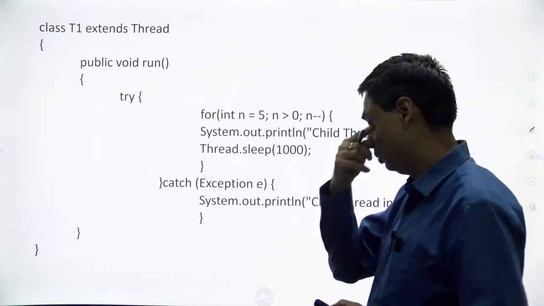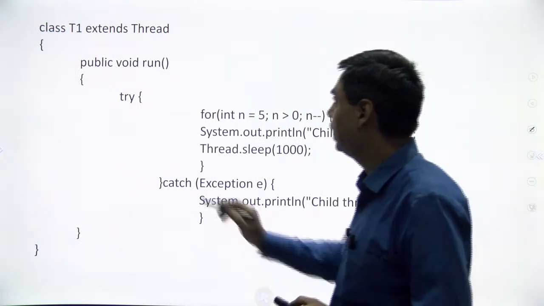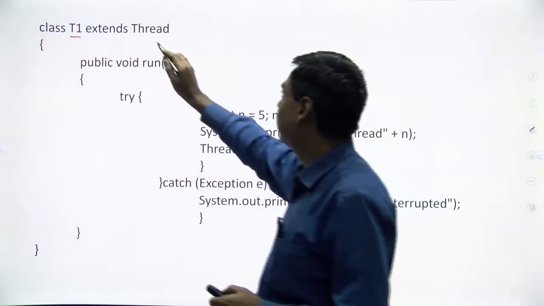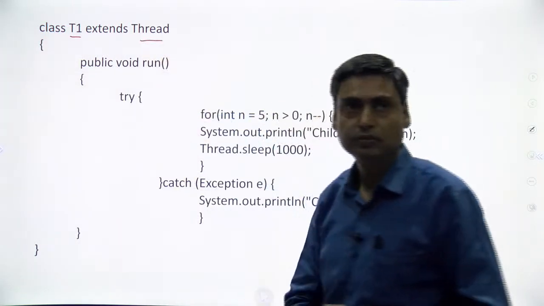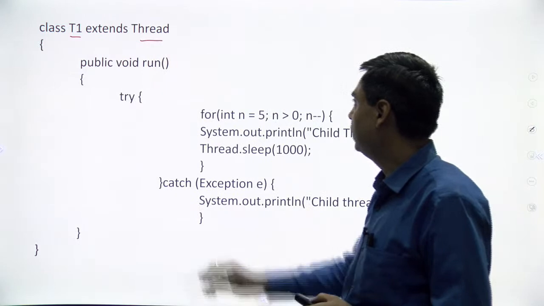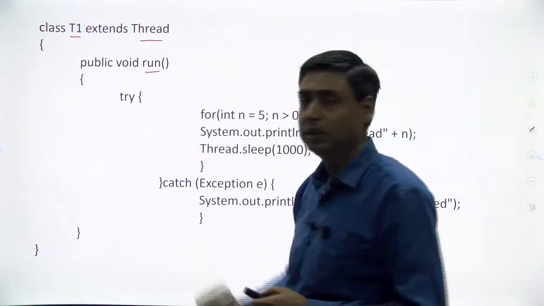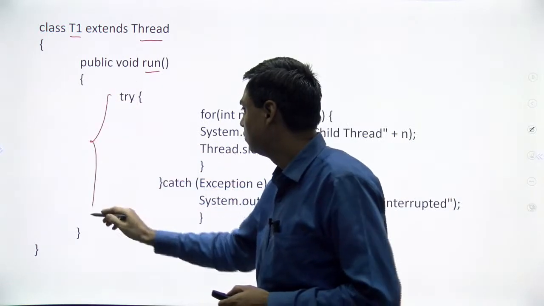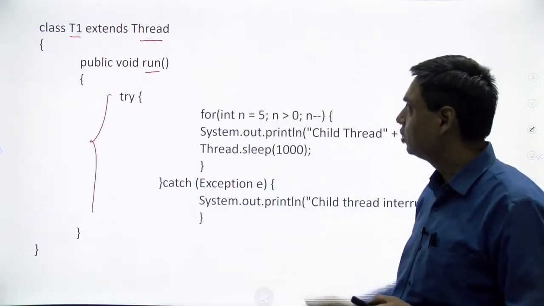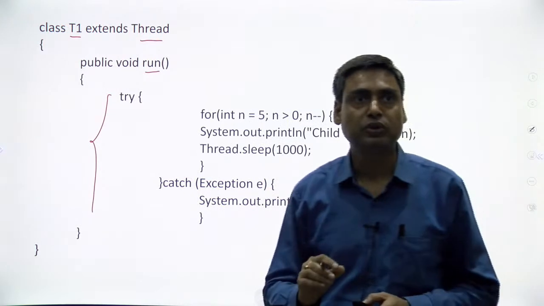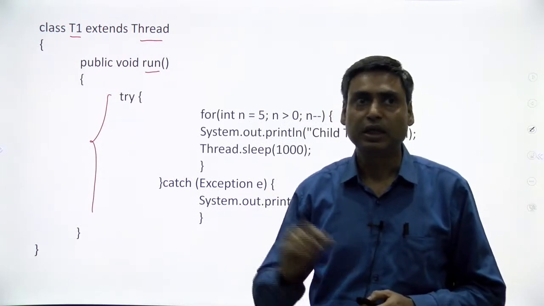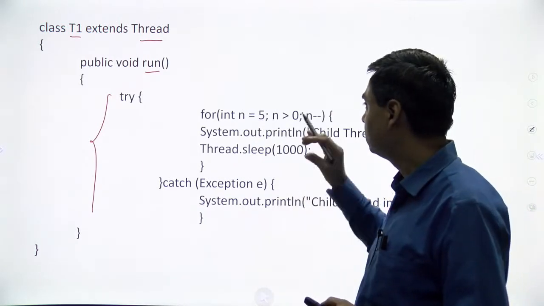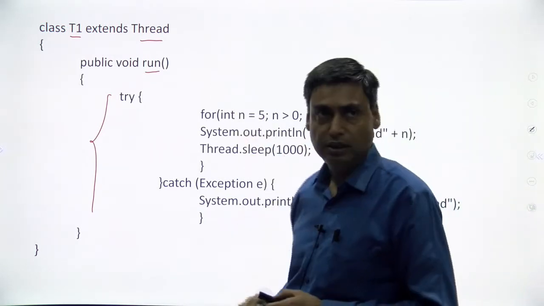Now see the program. It is a class T1 that extends Thread, then we have a run method. Now important, you want to run this program simultaneously with other code, so whatever you want to run in the other part, put all that code in the run method.